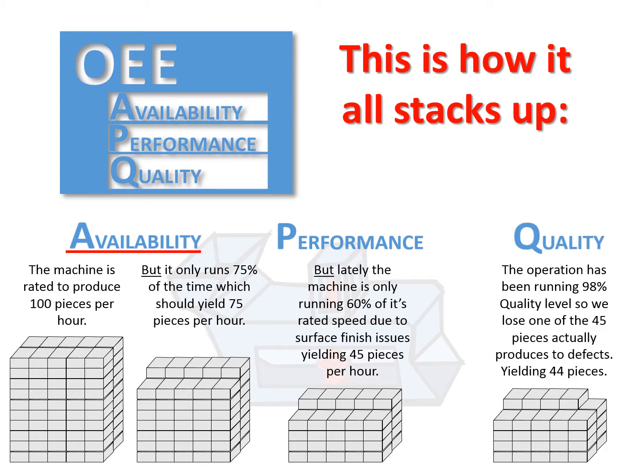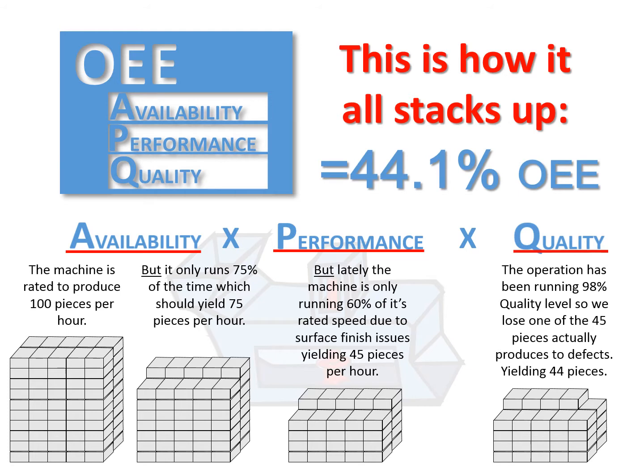It's expressed by multiplying our availability percentage times our performance percentage, then by our quality percentage. The result is an OEE, or overall equipment effectiveness, for us in this scenario of 44.1%.